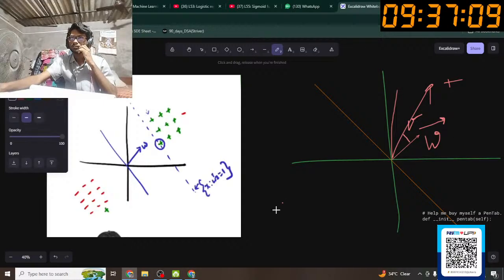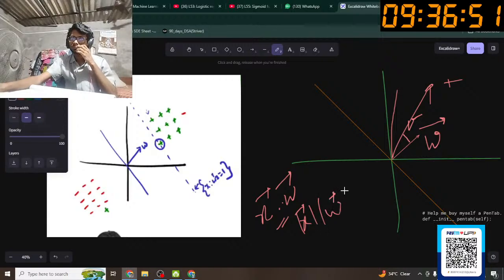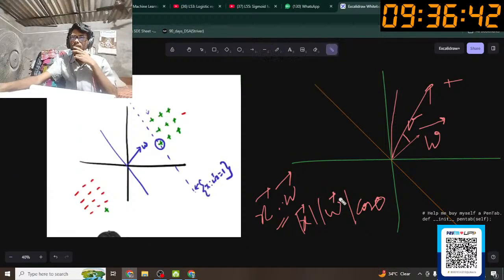I hope you are following this concept very well. So x dot w is mod of x, mod of w, times cos theta, right? These two things are positive, so they will not contribute to the sign.